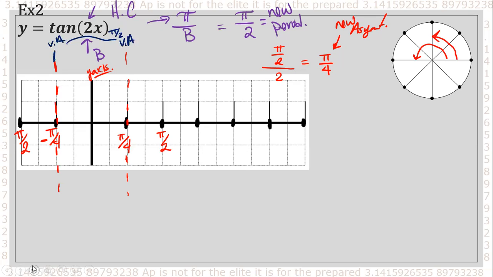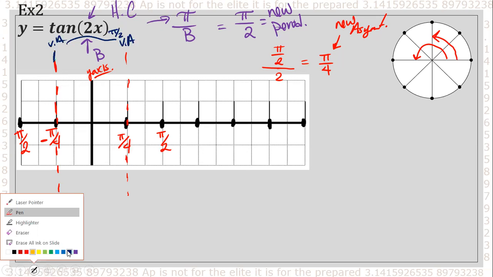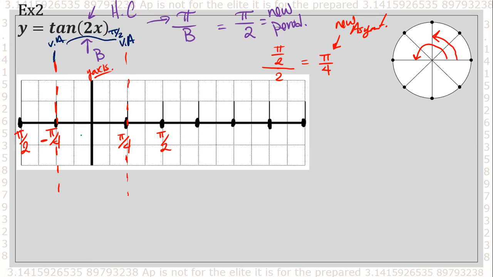Okay. Now you're probably thinking, how does that change my graph? Well, let's find out. Since there is no vertical compression, we can see that the midpoint between our 0 and our pi over 4 is pi over 8. That's just by dividing by half. So ideally, the shape will still be the same.